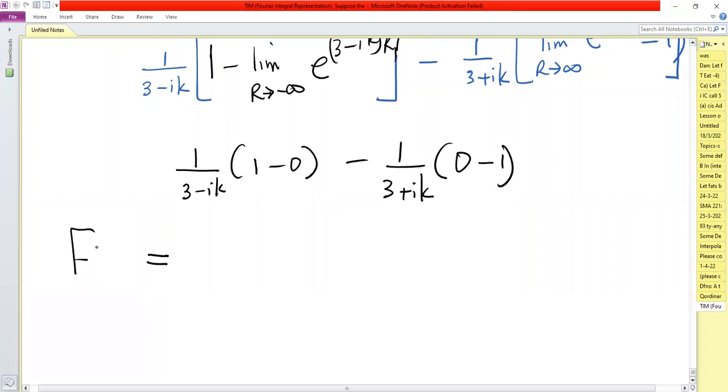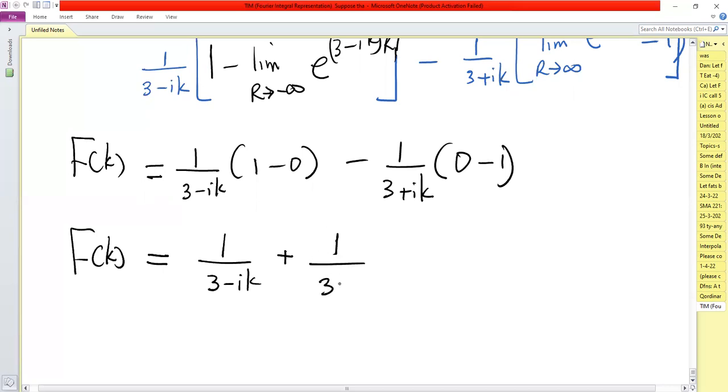So which ends up to be f of k. Remember, this is f of k, which gives 1 over 3 minus ik, now minus minus plus 1 over 3 plus ik. So putting over one LCM, 3 minus ik, 3 plus ik.